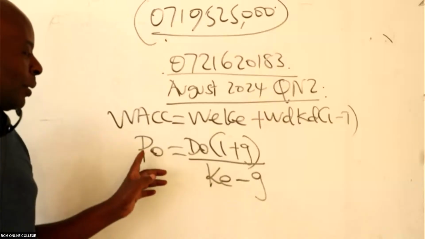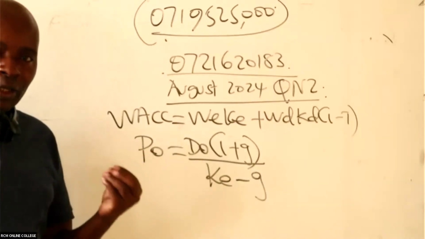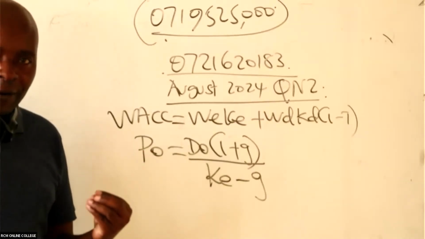Is there somebody who is able to remember what this stands for? P0 stands for the current market price per share.